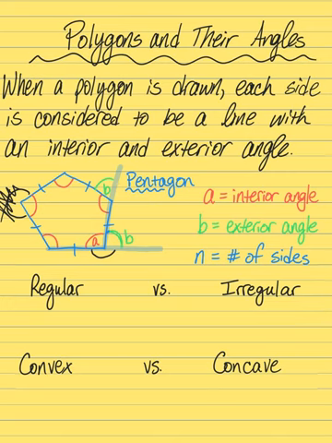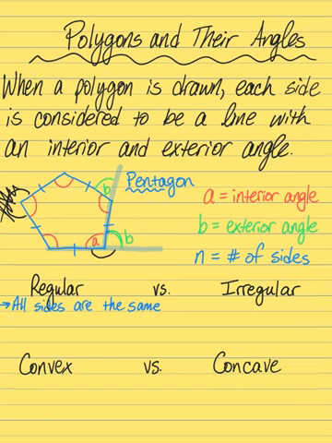We're also going to talk about 2 different categories of polygons. We have the regular versus irregular. And the easiest way to understand the difference is that a regular polygon means that all sides are the same. So an example of a regular polygon is the one that I just drew, the pentagon there.